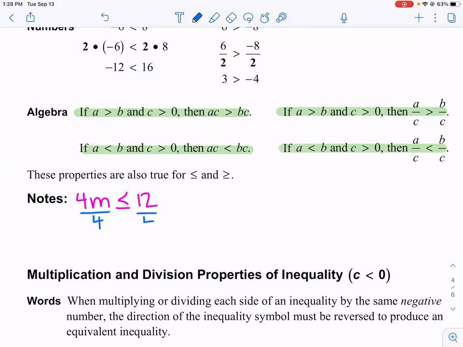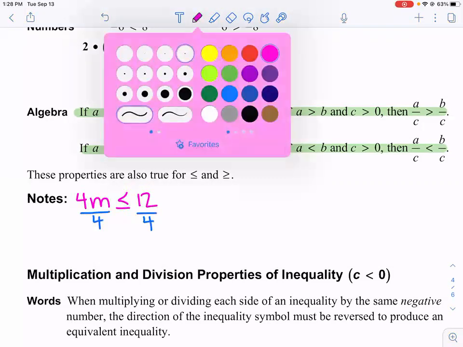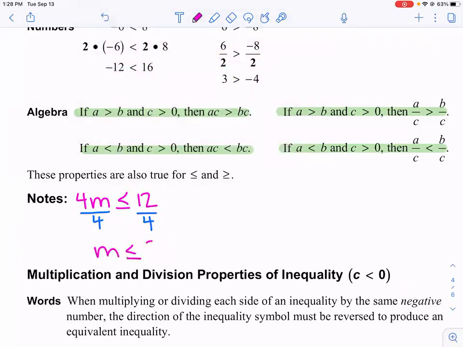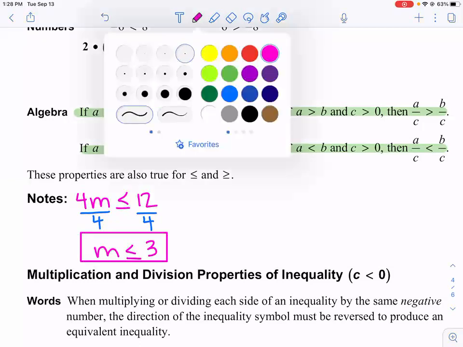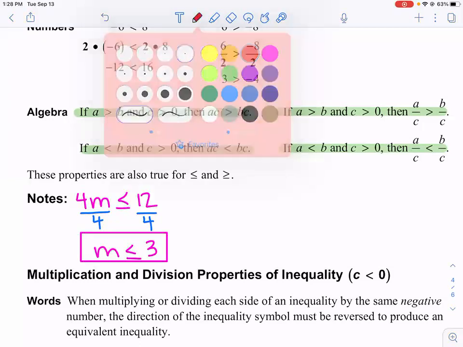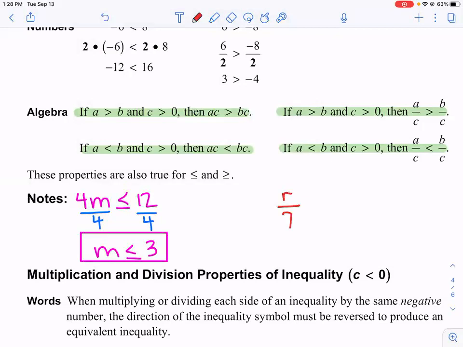Divide by 4 to where we have m is less than or equal to 3. Okay, your next example, I want you to write down. r over 7 is greater than 2.